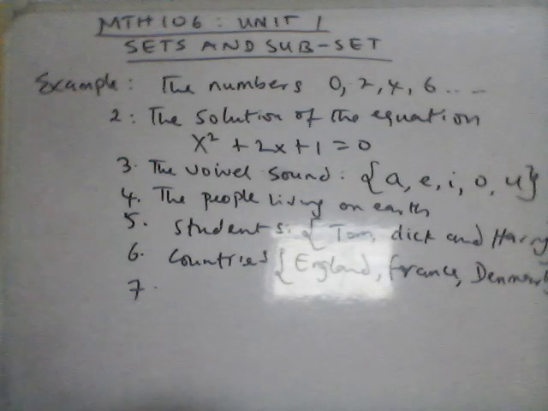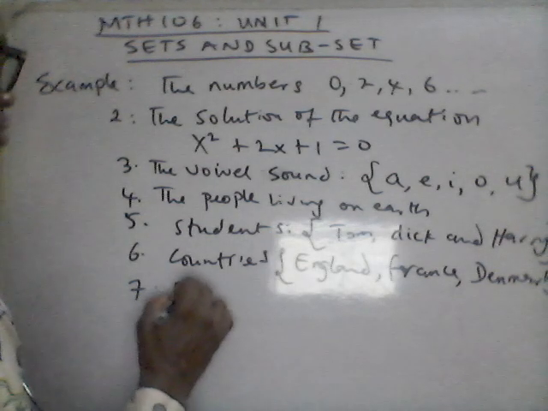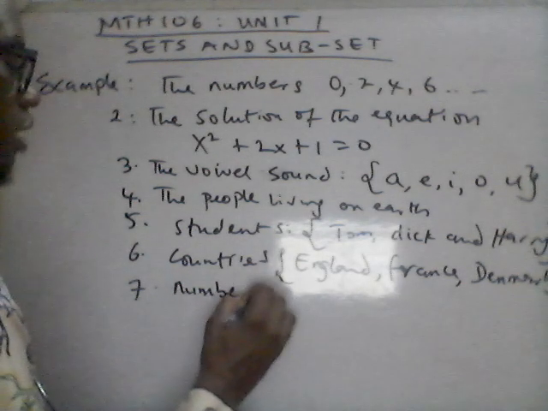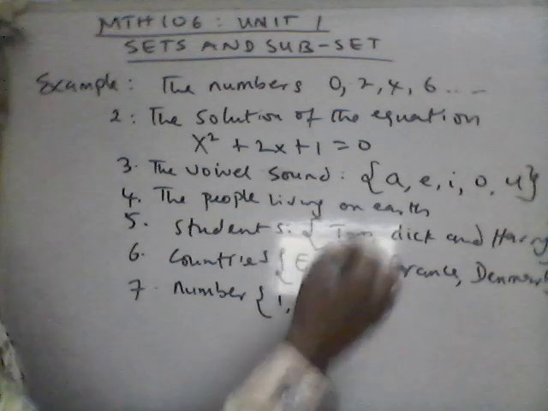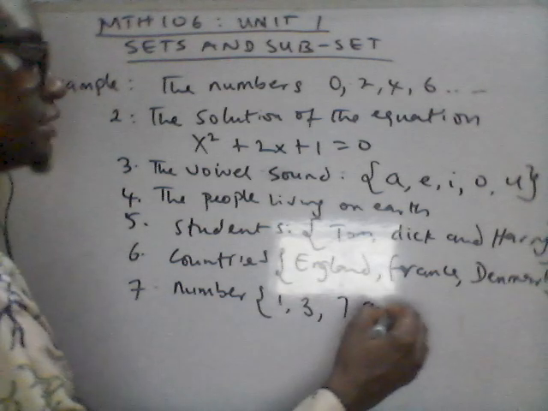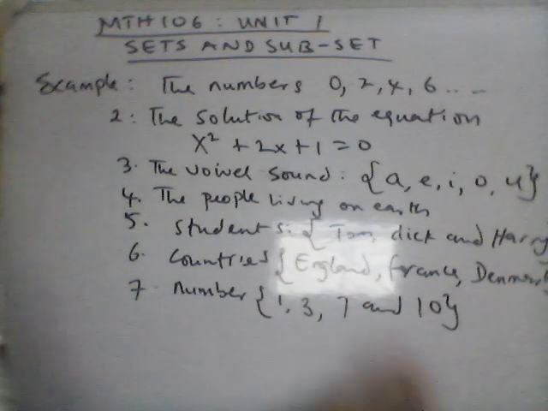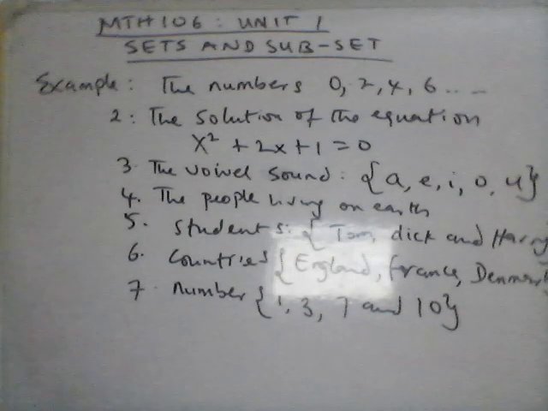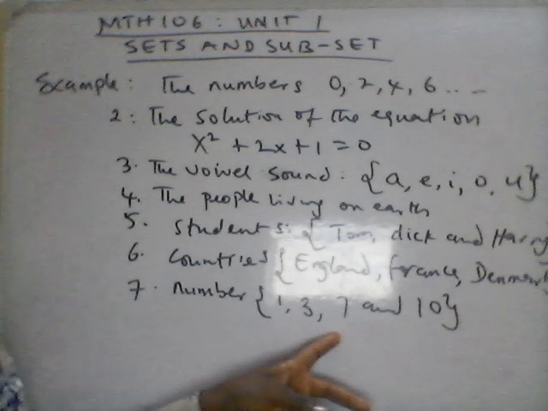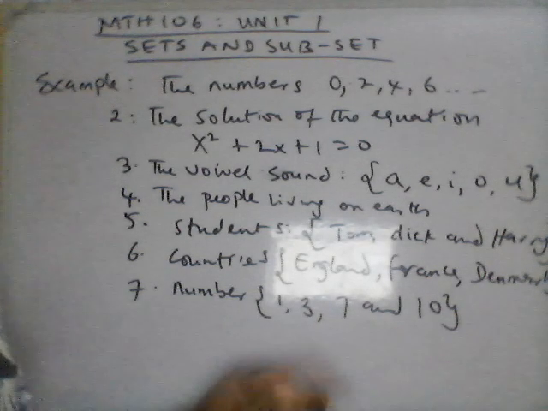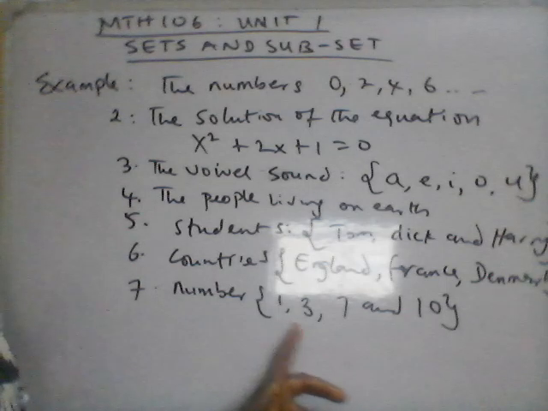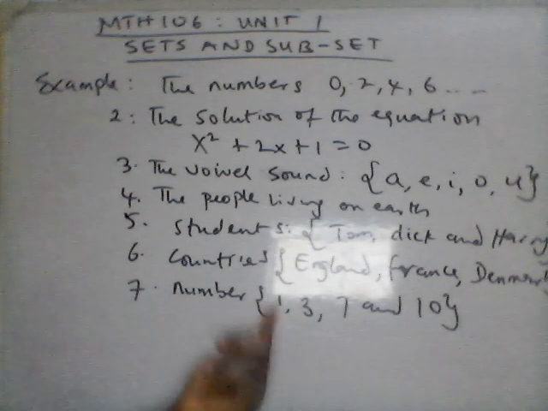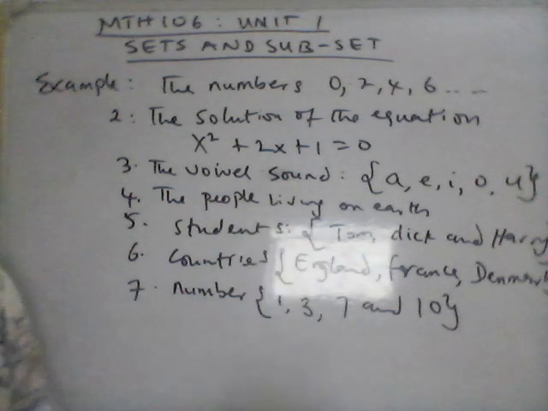Another one is the set of numbers 1, 3, 7, and 10. Okay, what is similar here? The numbers are increasing by 2, starting from 1. Okay, well, I think it's just a set of numbers 1, 3, 7, and 10, just finite.